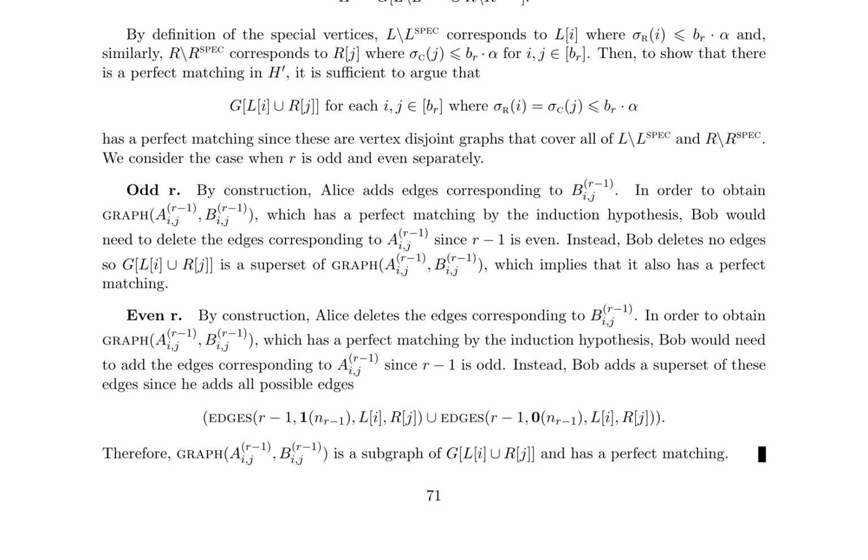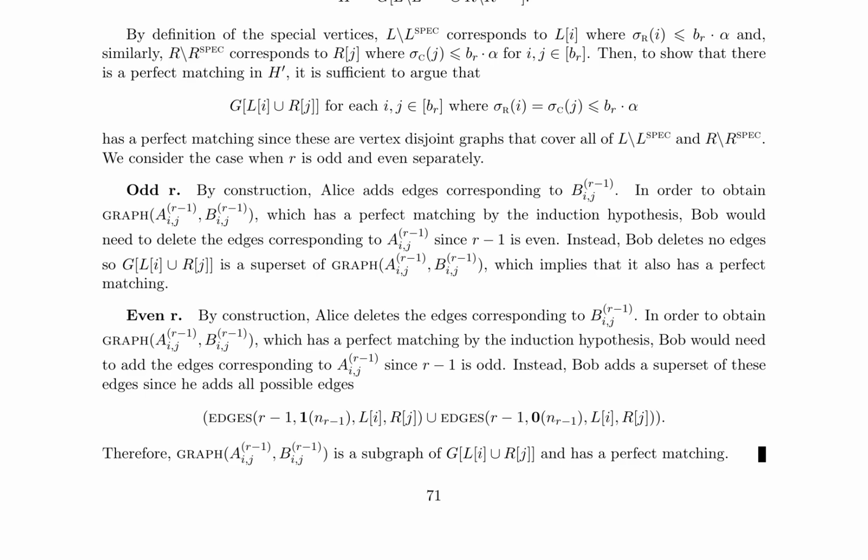For $R \geq 1$, the subgraph $H = G[L_{spec} \cup R_{spec}]$ is considered, and it is shown that $H$ contains a perfect matching by claim 5.20 and the induction hypothesis. The remaining subgraph $H = G[L \setminus L_{spec} \cup R \setminus R_{spec}]$ is then considered, and it is shown that $H$ has a perfect matching.